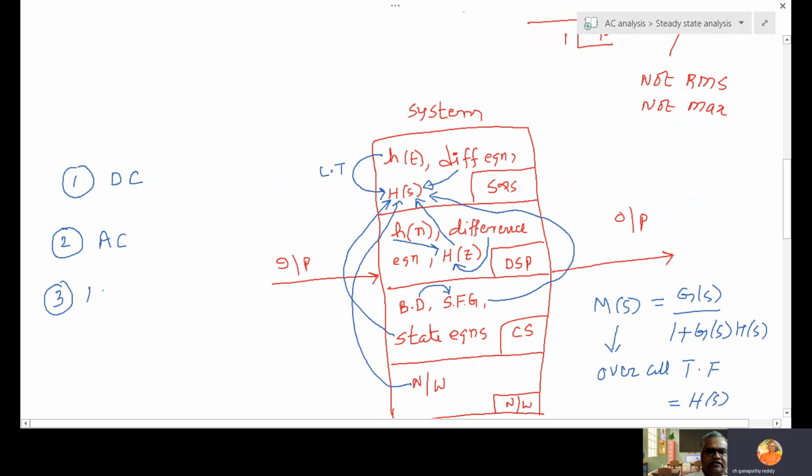It can be DC plus AC. Or it can be multiple ACs, AC with different frequencies, omega 1 and omega 2.